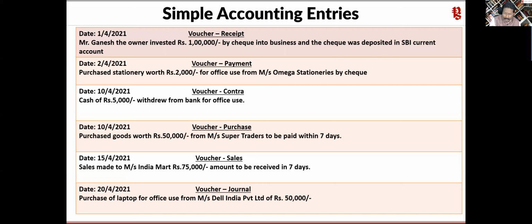Normally you would not delete or remove that, but you will have to do a necessary correction entry or a proper adjustment. That is where the journal entry is going to help you.